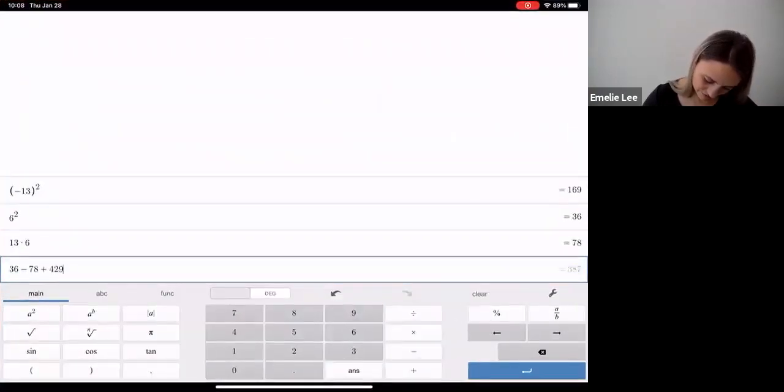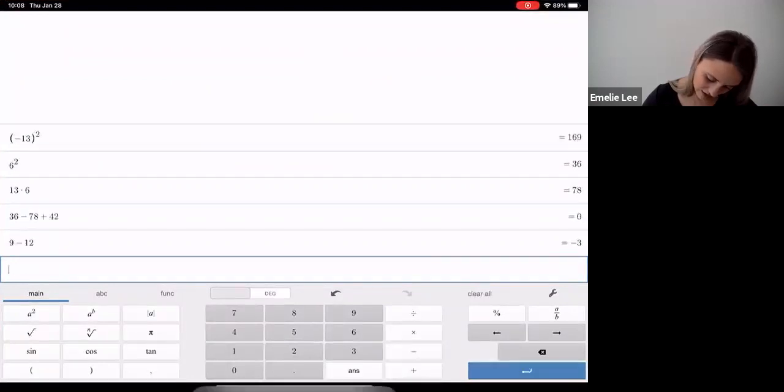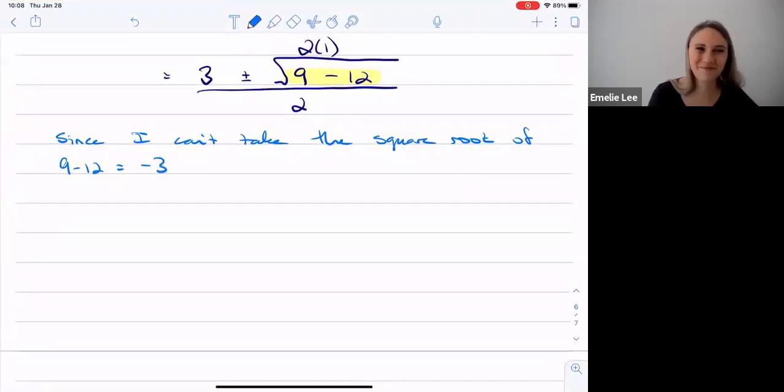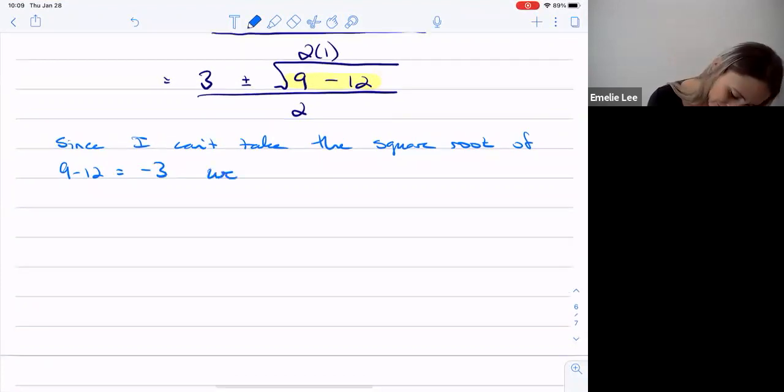Negative 3. Brutal. So since I can't take the square root of negative 3, right, we find we have no solutions.